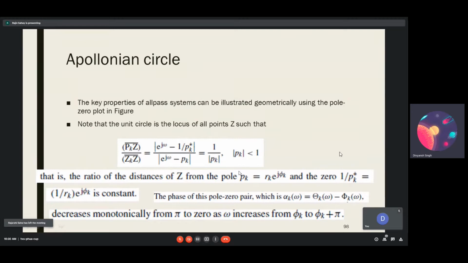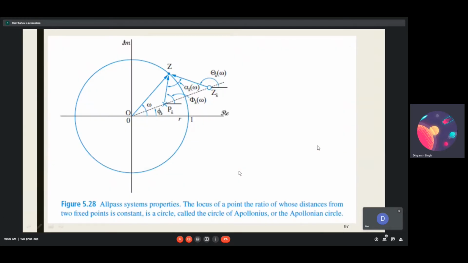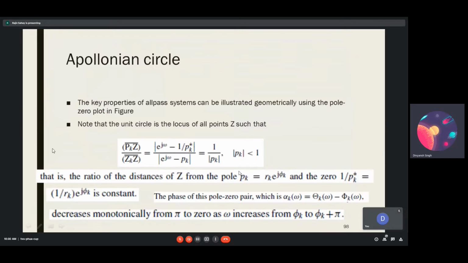You have a pole which is inside the unit circle, and you have taken a reciprocal of that. That pole is rk into e to the power j phi k, and you have mapped its reciprocal outside the unit circle. It is along this line. You have taken the reciprocal, so it becomes 1 by rk into e to the power j phi k, that is 1 by pk star.